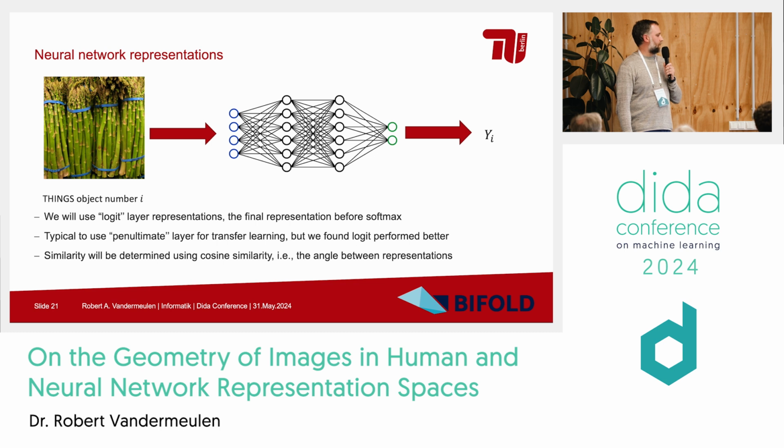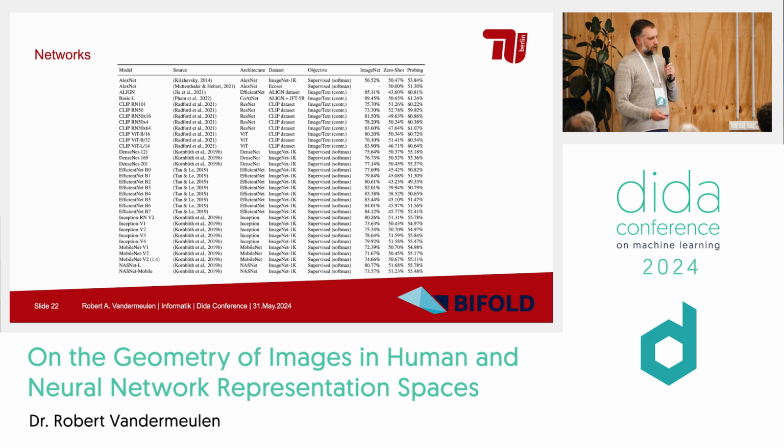And here we will determine similarity via cosine similarity instead of inner product. Again, this is just because it gave the most benefit to the neural network. We investigated quite a few neural networks, a lot of different kinds. We have a lot of different models and architectures. We have different data sets. We have image-text models, really massive ones, and a lot of ImageNet 1Ks.